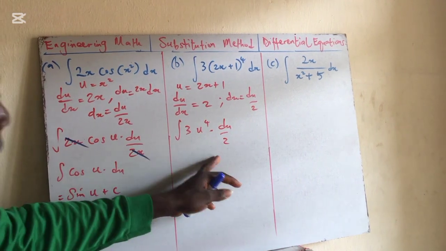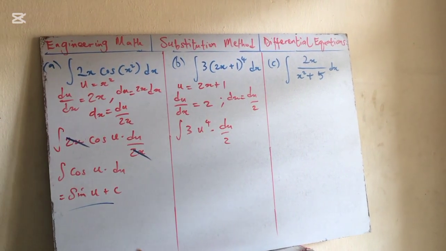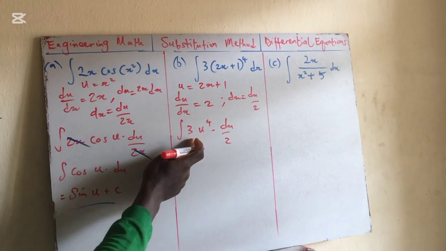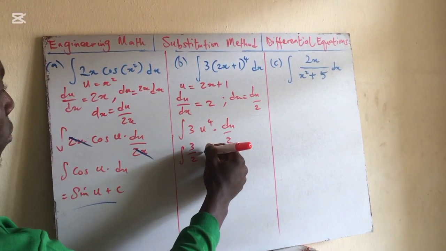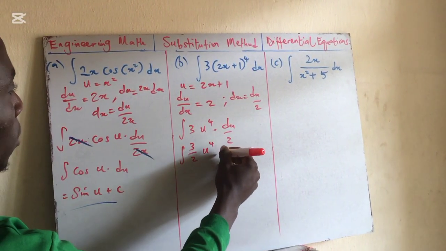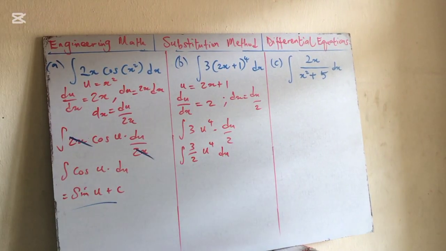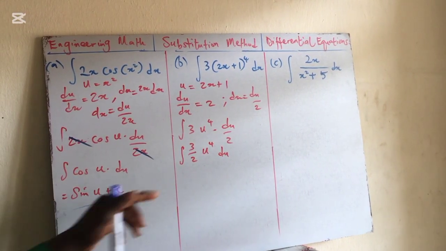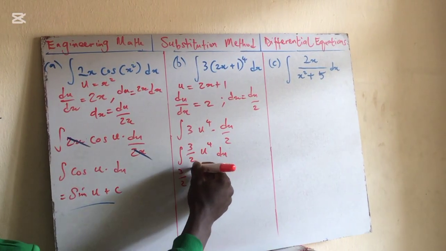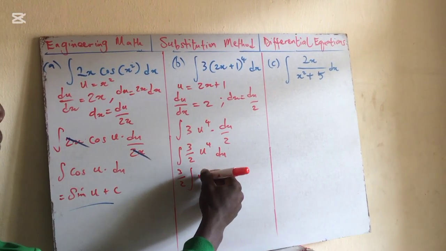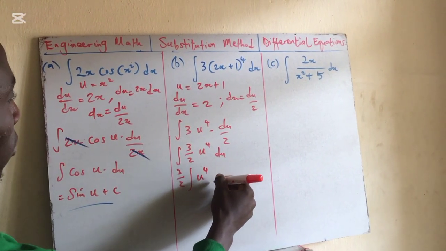So you can see that nothing can cancel here, right? So you just say 3 over 2 times u raised to power 4 du. When you are doing the integration, the constant is going to come outside. So you're going to be saying 3 over 2 integration of u raised to power 4 du.